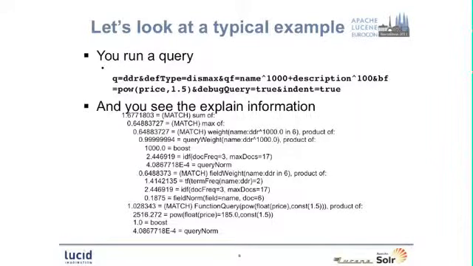So, let's look at a typical example of a query. The query was made against the example Solr server 3.3, as I recall. You see a q parameter with a single term, the dismax parser, some query fields: name with boost, description with boost, some boost function with price.